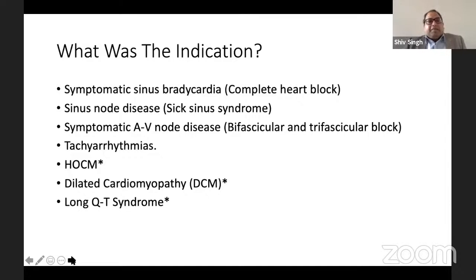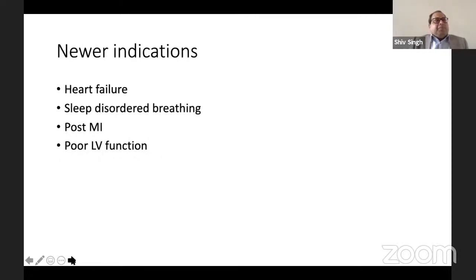HOCM, dilated cardiomyopathy, and long QT syndromes are other important ones. And more recently, pacemakers have been used for heart failure, for remodeling. They've been used in sleep disordered breathing, post-MI, and in patients with poor LV function.